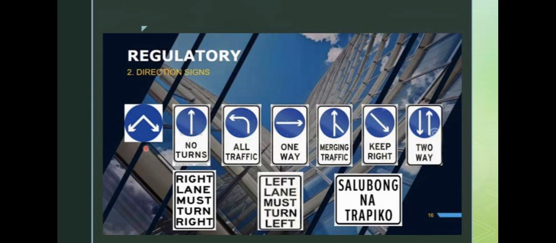So when you see this sign along the roadside, it means that vehicles may pass on either side. These signs can be incorporated with a rectangular plate with legends to supplement their meanings. As you can see, dito sa baba niya nakalagay kung ano ang ibig sabihin niya.